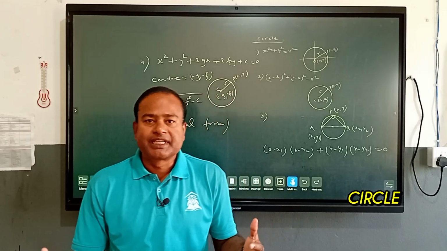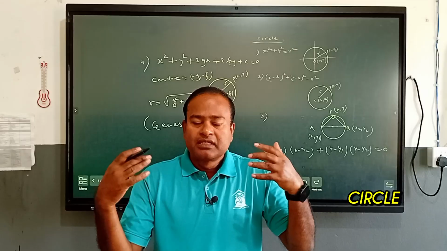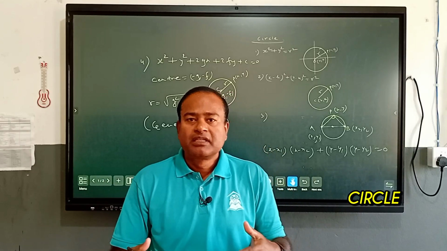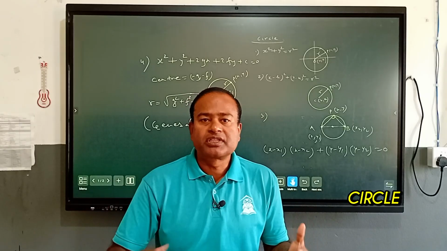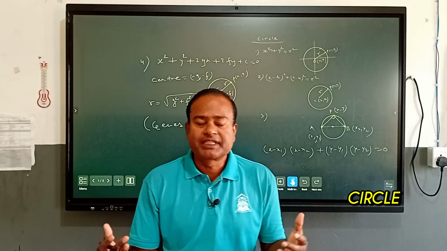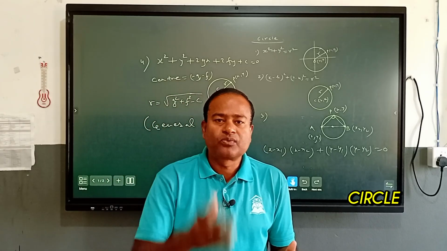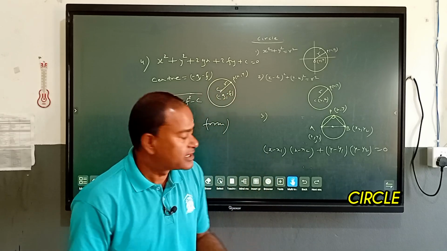The first condition is when the circle touches the x-axis. The second condition is when the circle touches the y-axis, and the third condition is when a circle touches both the x-axis and the y-axis, and then how to find the equation of the circle. So let's discuss.